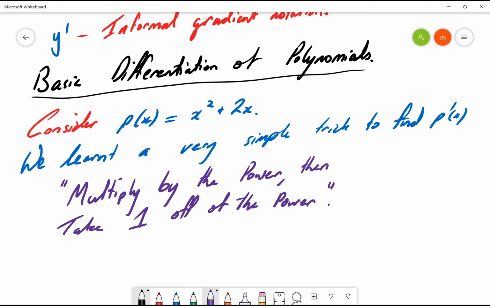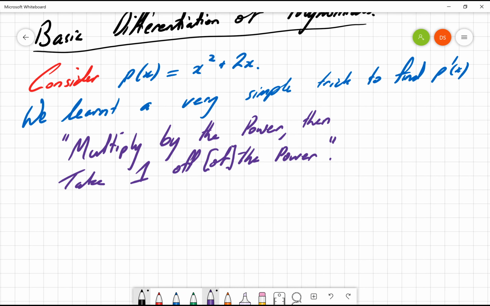Multiply by the power, take 1 off of the power. Sometimes you don't say it, but I was going to be good English, but whatever. All right, multiply by the power, take 1 off the power. That is how we did basic differentiation.